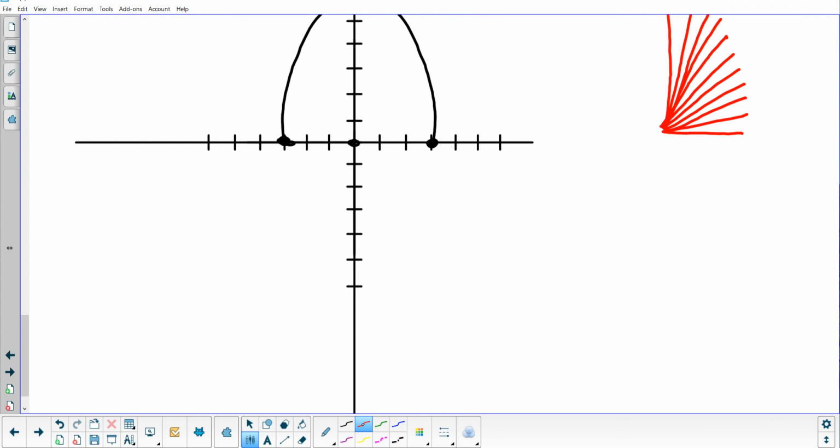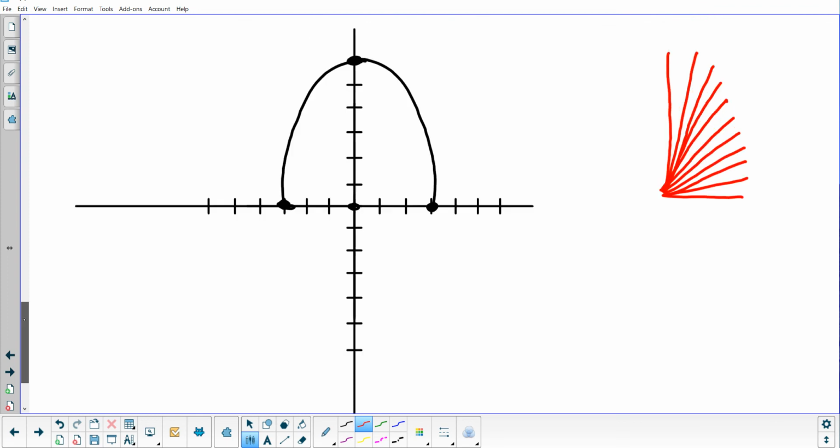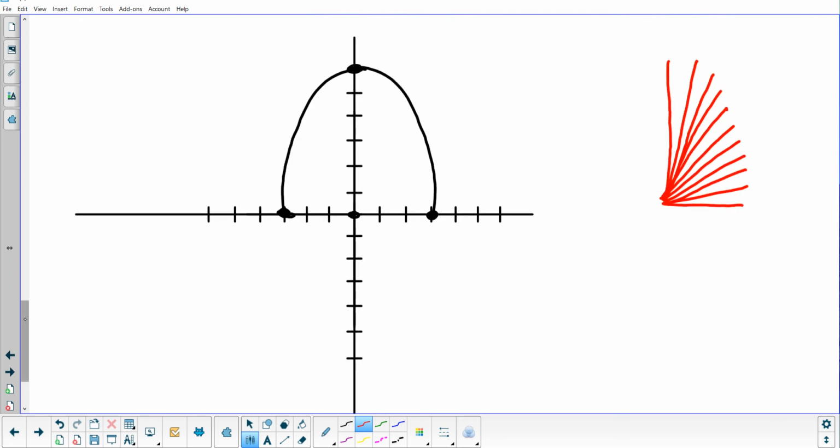So you want to imagine what's happening this time. The radial lines are shrinking. So it starts at 3, and as you pivot towards the negative y-axis, the lines are getting shorter and shorter and shorter until they finally end up right at the origin. So what's happening here is something kind of like that.